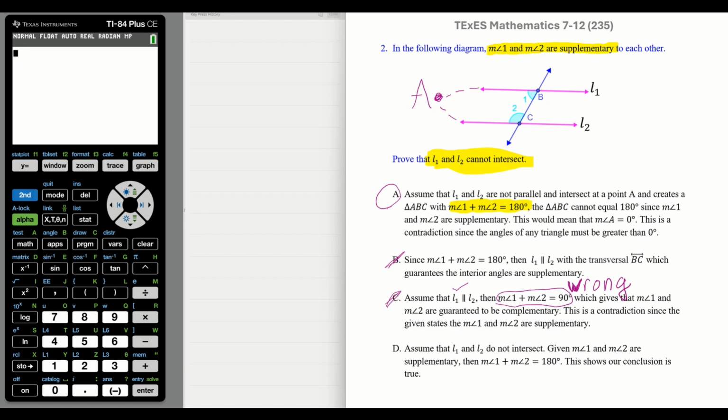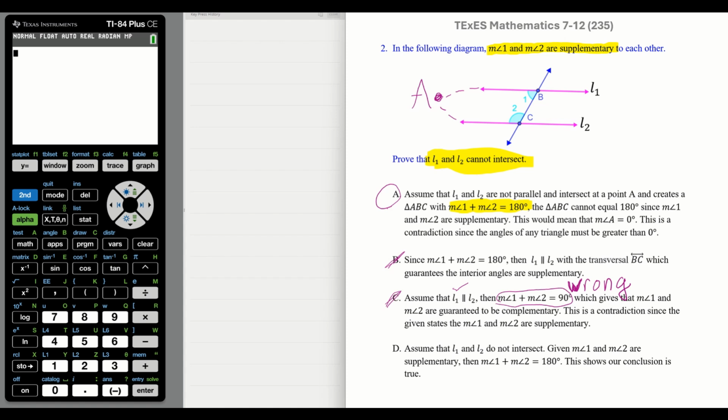Okay, now D. Assume that line 1 and 2 do not intersect. Okay, that is starting with the conclusion. Given that the measure 1 and the measure 2 are supplementary. Okay, that is in the given. Then we have this. Okay, I agree with everything so far.